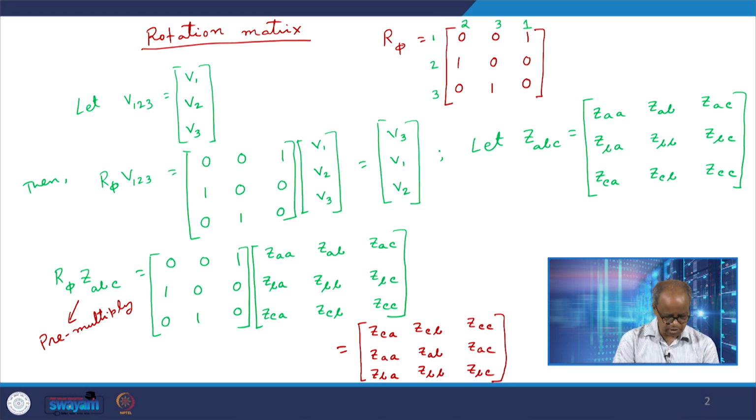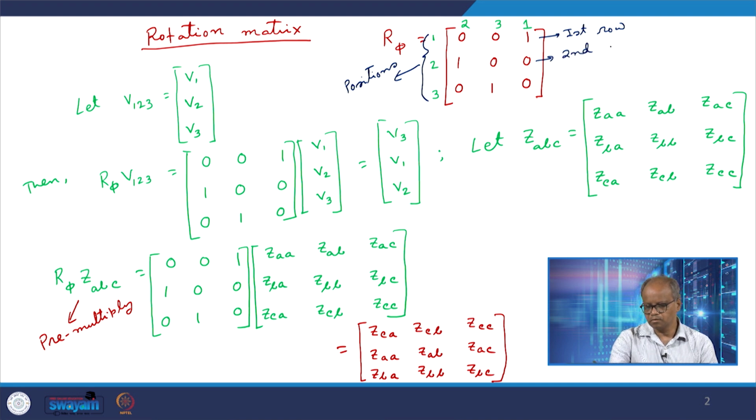So, this is position 1, and these are the positions, and this is also the row. This is the first row, this is the second row, and this is the third row.